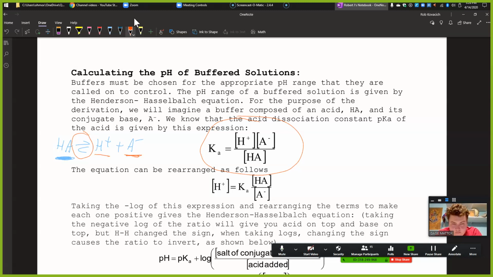No, not a buffer. It was from last quarter. What does this thing here mean to you?